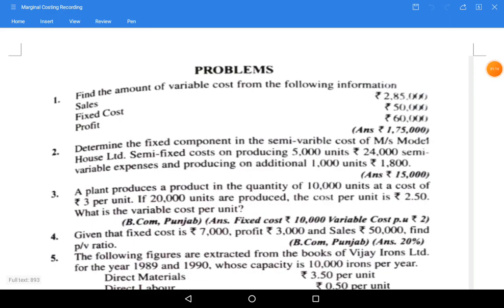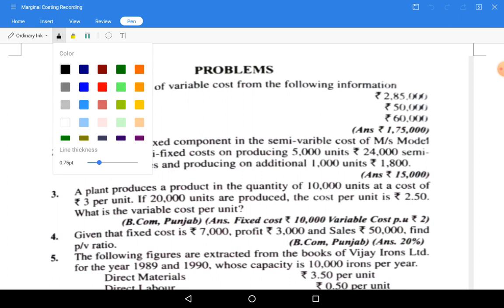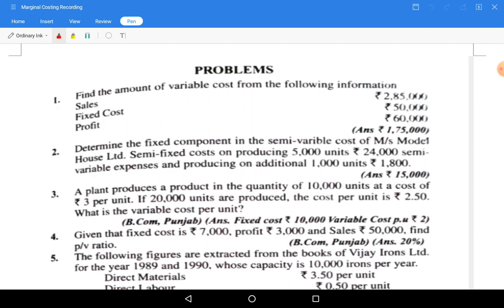So here are some questions relating to marginal costing. Let us do them. Here in the first question: find out the amount of variable cost from the following information. They have given some information, and from this information we need to calculate variable cost.